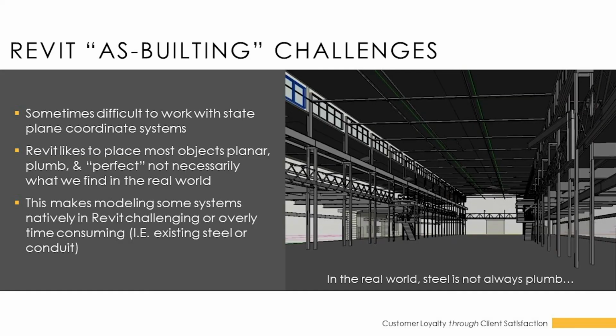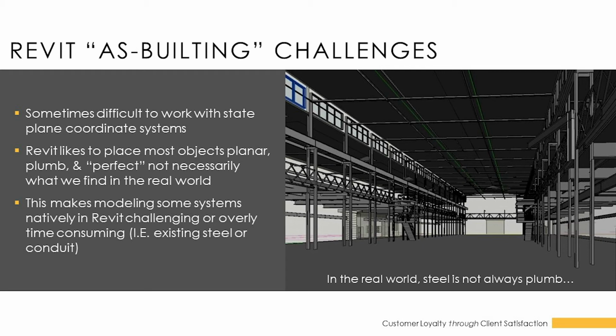So, as good as Revit is, and as much as I love the software, there's definitely challenges, just like every other software. Some of those challenges I've listed here. It's sometimes difficult to work with state plane coordinate systems. The scale factor for point clouds coming into Revit is sometimes not correct. Revit likes to place objects as planar and plumb and perfect, as they say, when modeling in place.